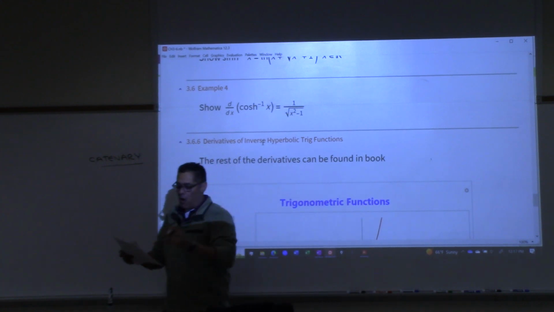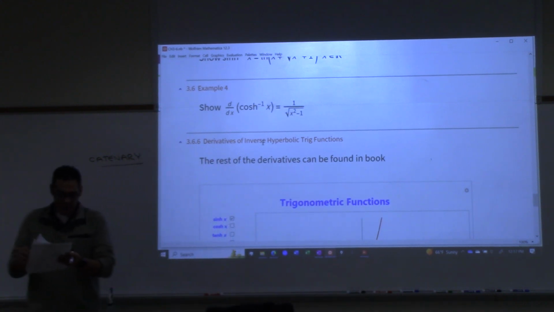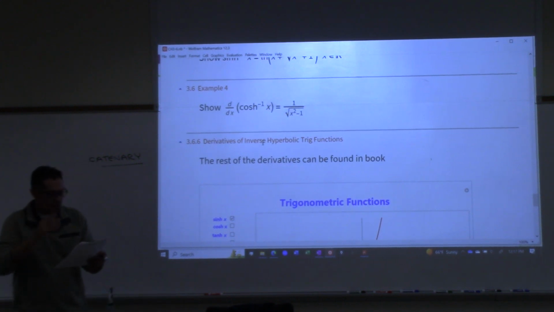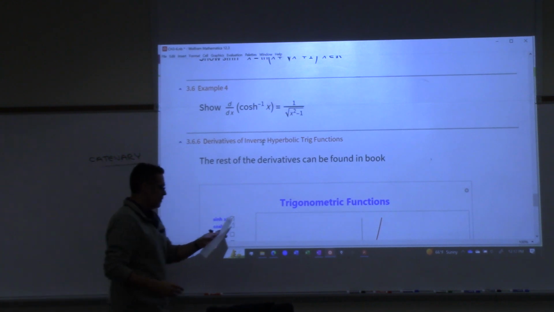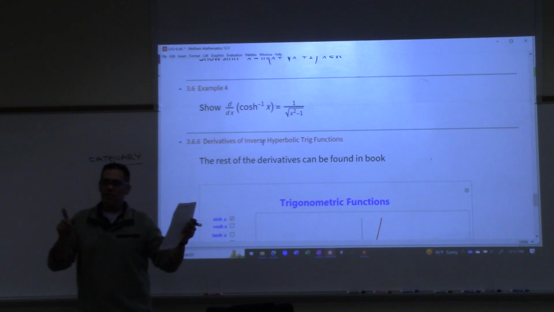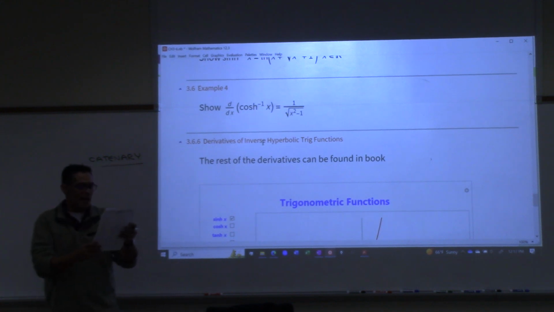Okay, so I've been asked, are all the hyperbolic identities on here? And they are somewhere. Is it 5? No, reference page 4. Reference page 4, at the bottom are the hyperbolic functions. Not their derivatives, but the functions.